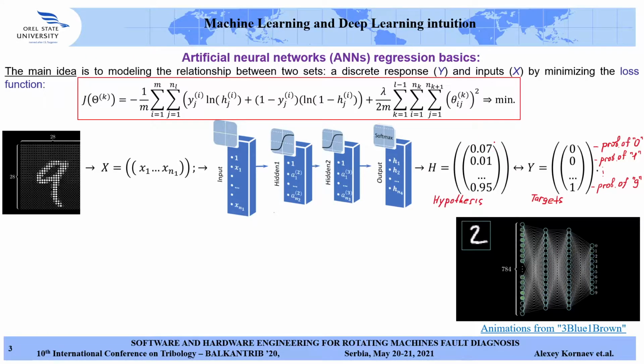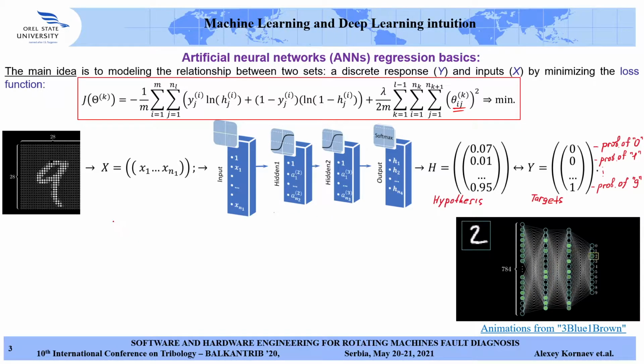This is the probability of 0, probability of 1, and so on, probability of 9. And these values can be connected with true values, and then in the same way we calculate the loss function and minimize the theta parameters.